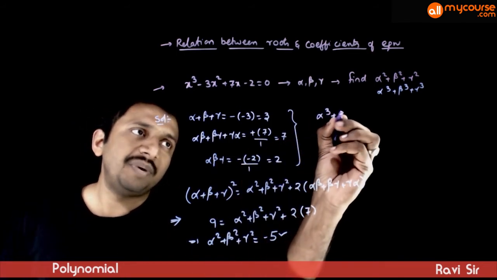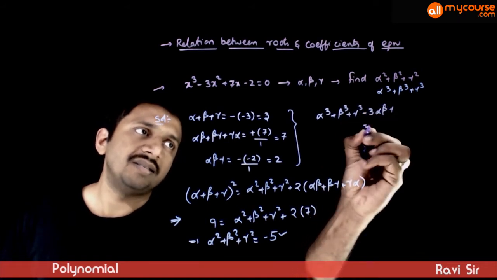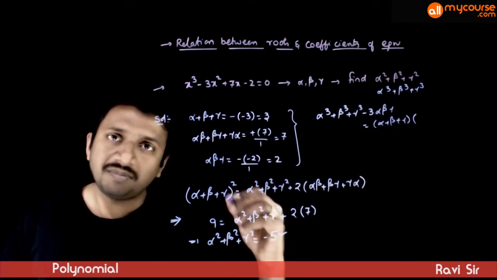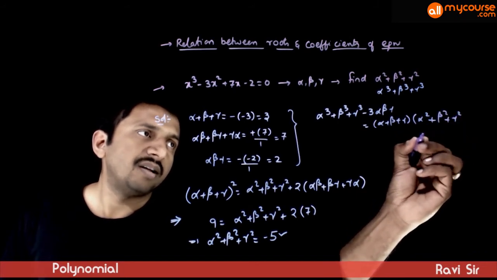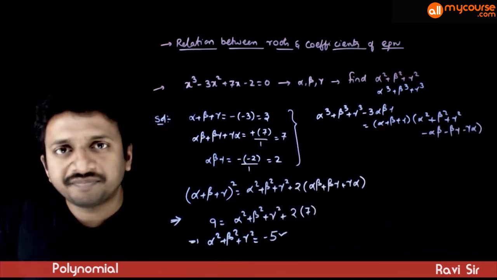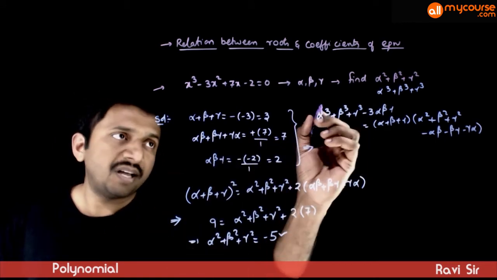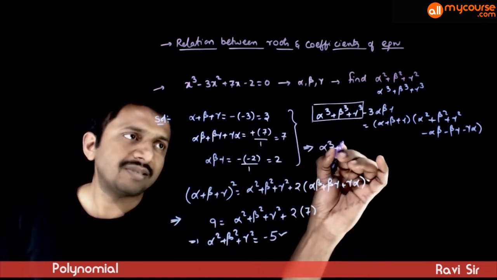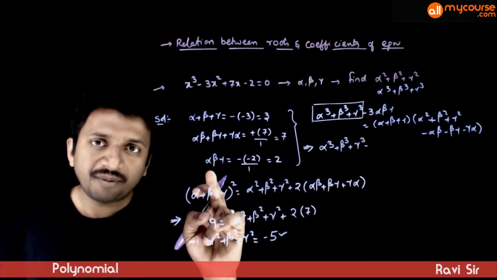Alpha cube plus beta cube plus gamma cube minus 3 alpha beta gamma is equal to alpha plus beta plus gamma times alpha square plus beta square plus gamma square minus alpha beta minus beta gamma minus gamma alpha. So this implies alpha cube plus beta cube plus gamma cube, this is what we need to find out, minus 3 alpha beta gamma.